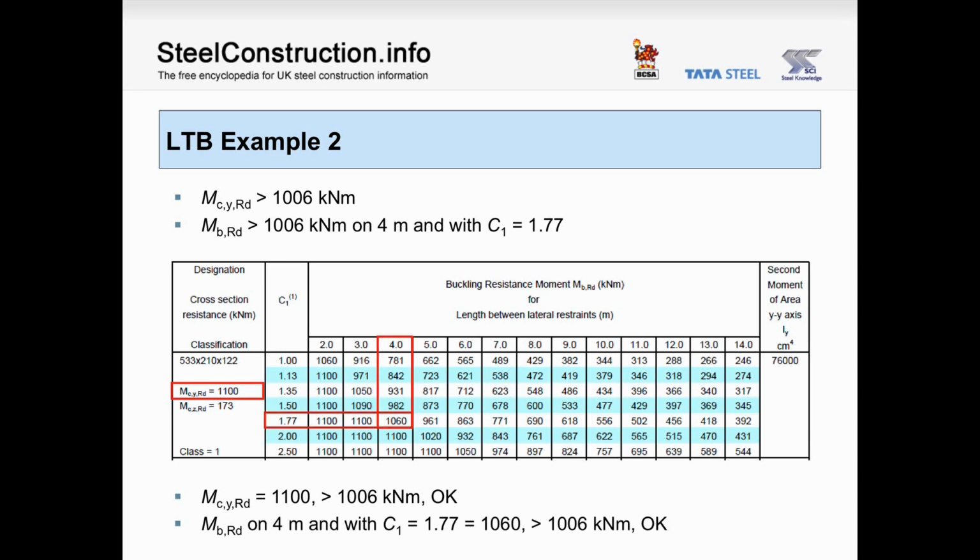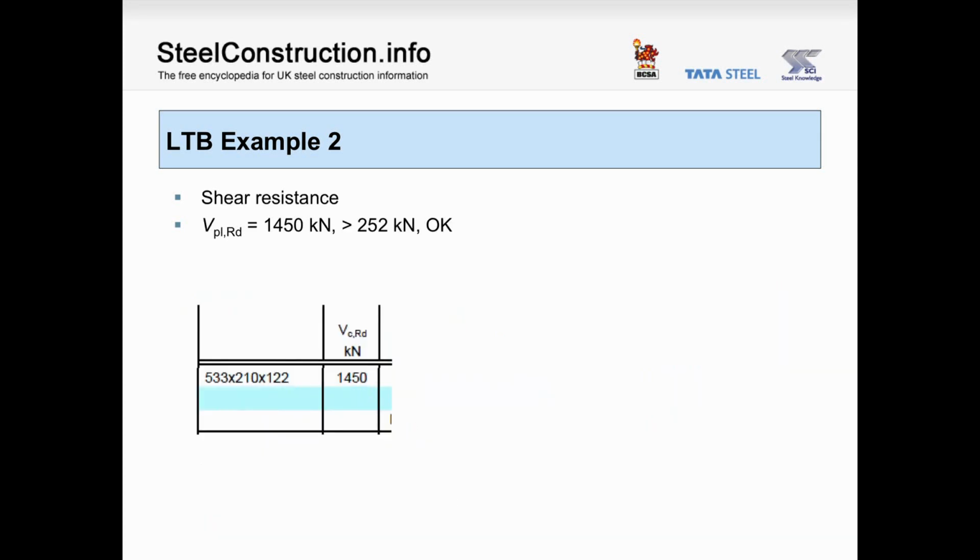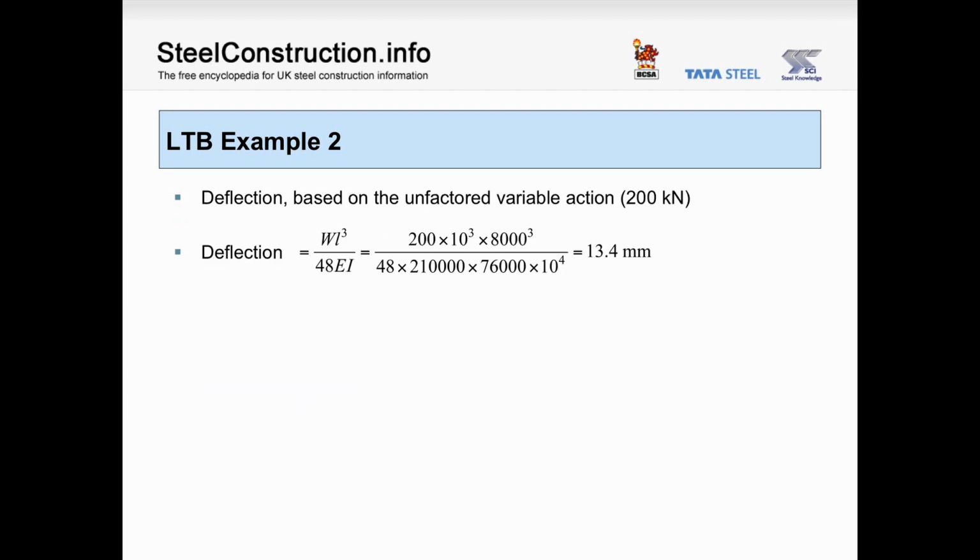And for a C1 factor of 1.77 and a buckling length of 4 meters, the lateral torsional buckling resistance is 1060 kilonewton meters, and again that exceeds 1006 kilonewton meters, so that would appear to be okay. The shear resistance from a different lookup table for the same beam is 1450 kilonewtons, which greatly exceeds the design shear of 252 kilonewtons, so that's okay.